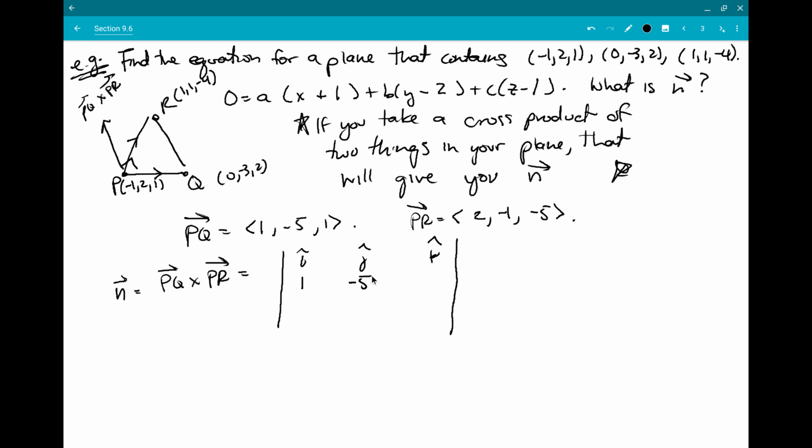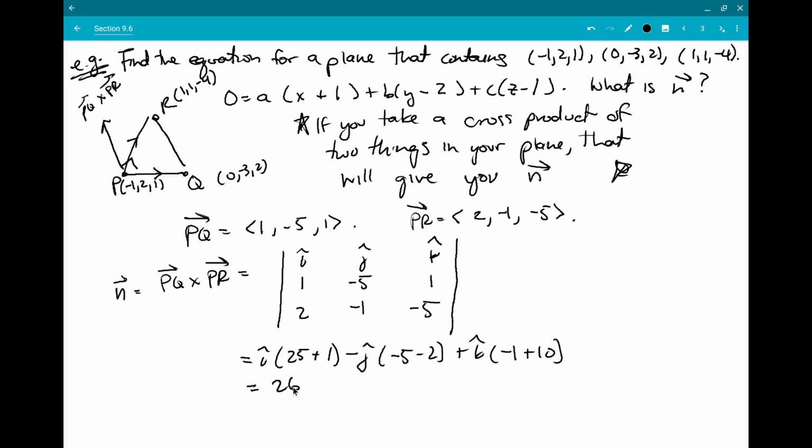So 1, -5, 1, 2, -1, -5. I'm going to have i hat times 25 minus 1, so plus 1, minus j hat times -5 minus 2, plus k hat times -1 minus 10, plus 10.